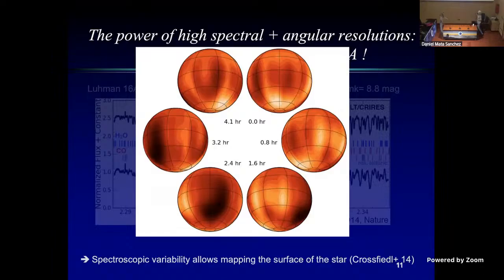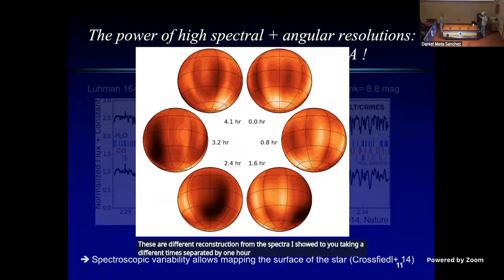These are different reconstructions from the spectra I showed to you, taken at different times, separated by 1 hour or less. And on the slit, they have the variation of the spectra, independent, spatially resolved across the surface of the star. And so we reconstruct the atmosphere. So in a way, you could think of even doing weather forecast in stars.